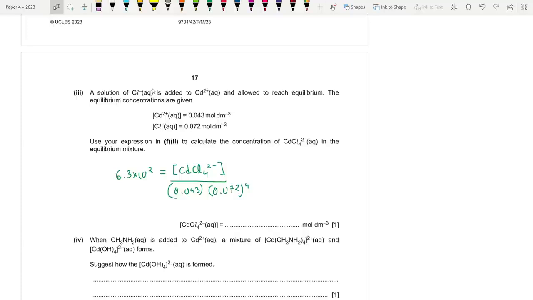So let's do that. [CdCl4 2-] is equal to 6.3 times 10^2 times 0.043 times 0.072 to the power 4. That gives you a value of 7.28 times 10 to the power minus 4.